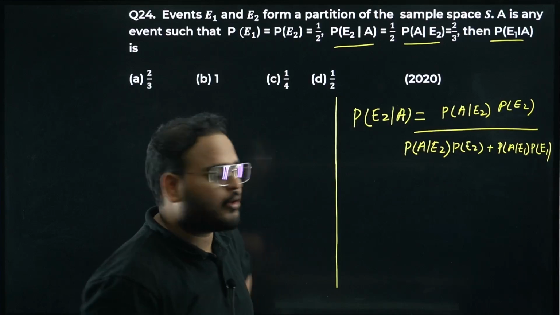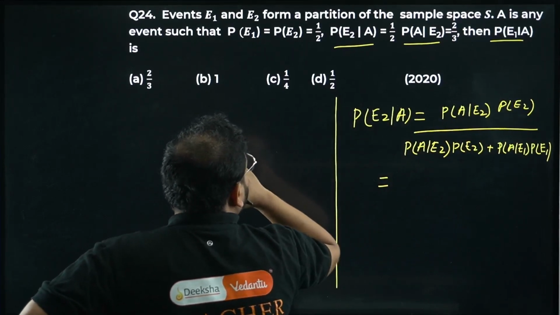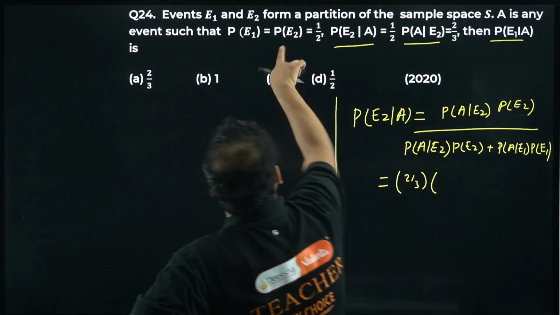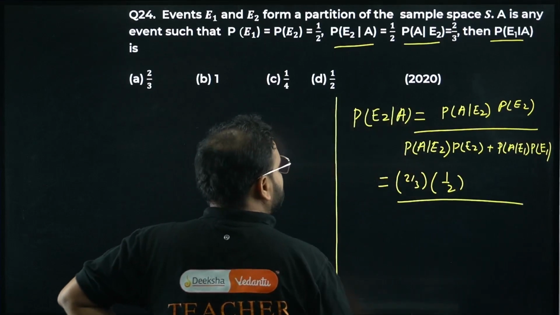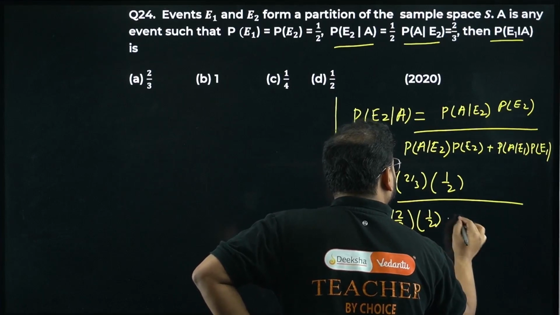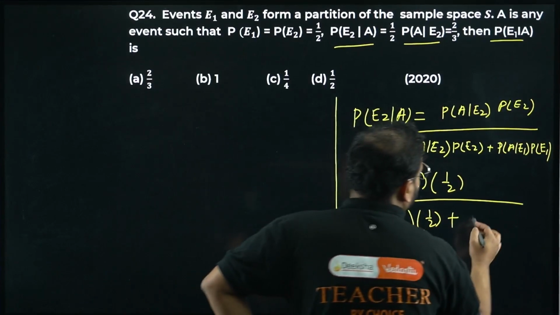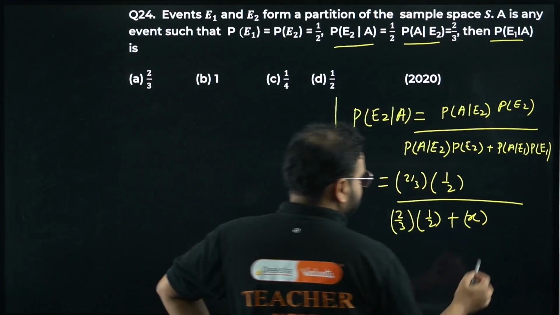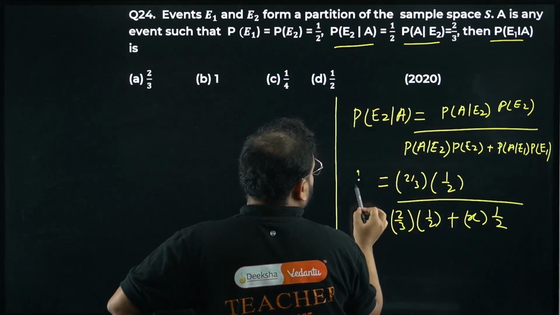P(A|E2) is given as 1/2. P(A|E1) is not given, so I'll take it as a variable x. And P(E1) is again 1/2.